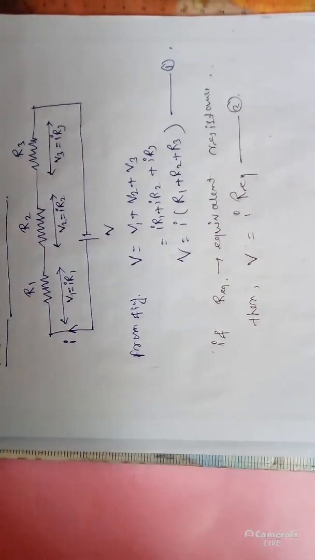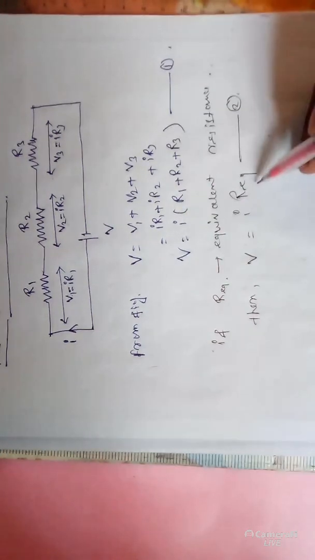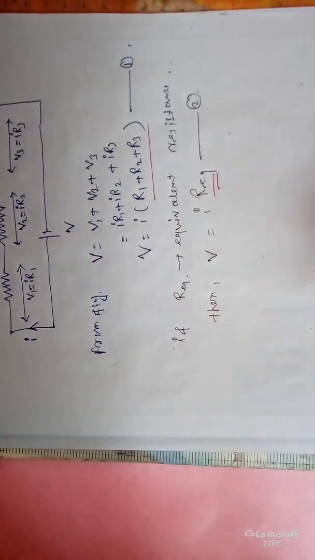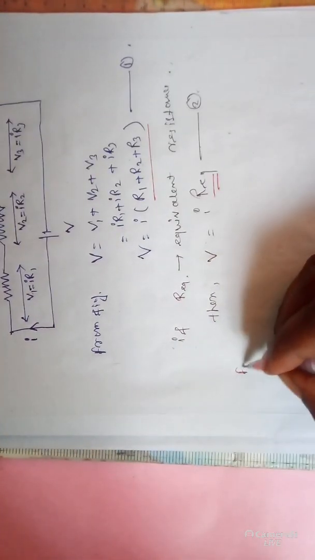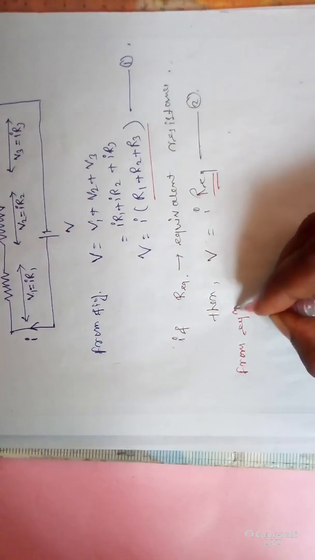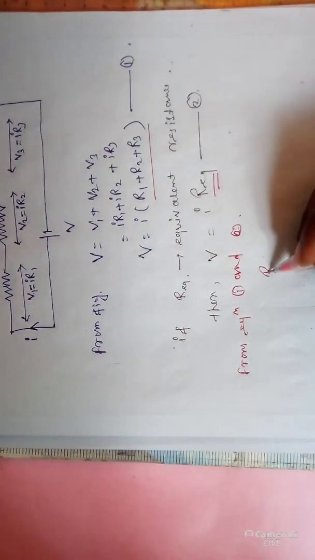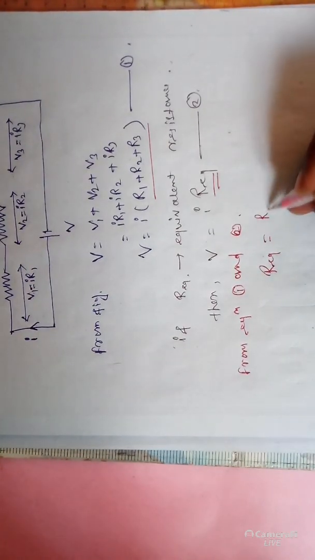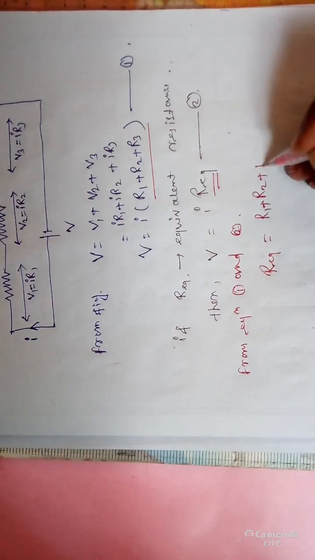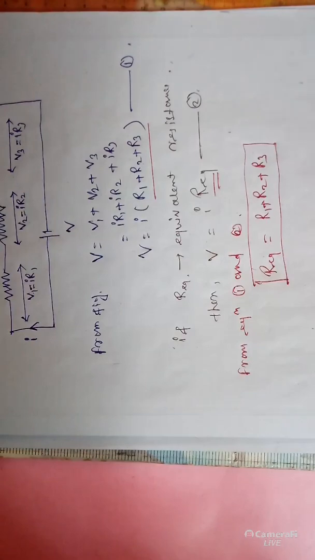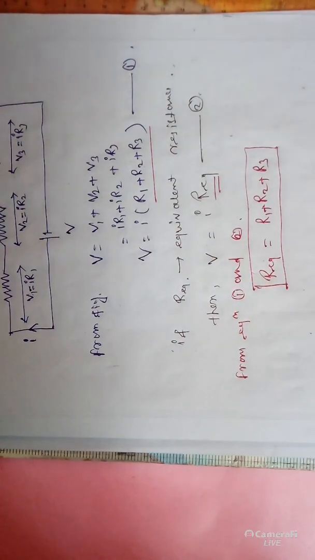If we compare equations 1 and 2, then what you will get? Notice here, I will be cancelled and R equivalent is equal to R1 plus R2 plus R3. That is from equations 1 and 2, R equivalent is equal to R1 plus R2 plus R3. Clear? Next, so this is the series combination.